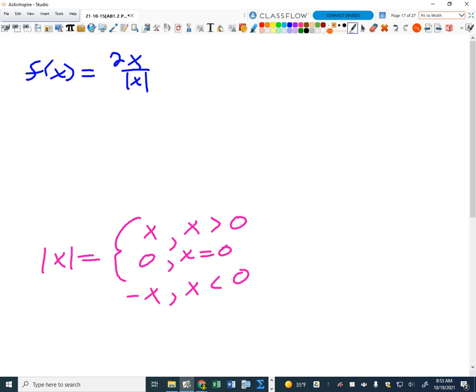If I'm choosing this f of x, I could also choose to write this as a piecewise function. It's equal to, if x is positive, what would that become? If x is positive, what would that absolute value function become?